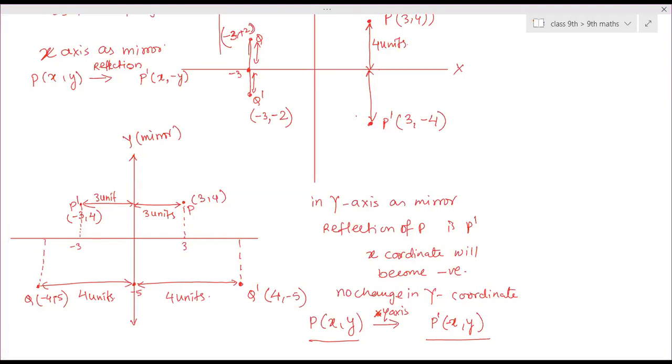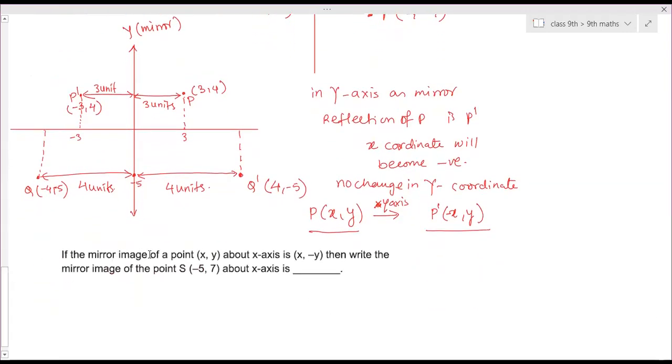Okay, now the question is here. If the mirror image of a point (x, y) about the x-axis is (x, -y), that means the y coordinate has been changed, then write the mirror image of point S about the x-axis. About the x-axis means the x-axis is the mirror.